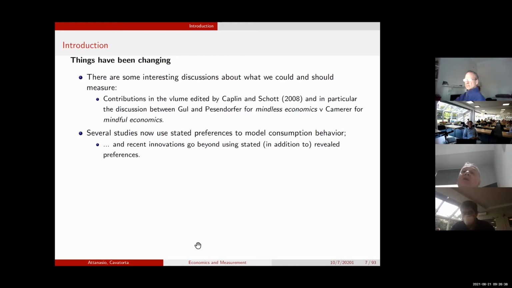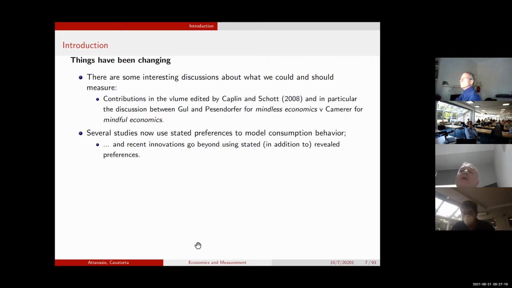There is a really nice volume that I actually discovered a few months ago, after I delivered my presidential address last year. It's edited by Andrew Caplin and Andrew Schotter, and there are some interesting papers. The first one is by Gul and Pesendorfer, and it's against all this. Those are two prominent and really clever theorists that argue for the exclusive use of revealed preferences data and complex models.